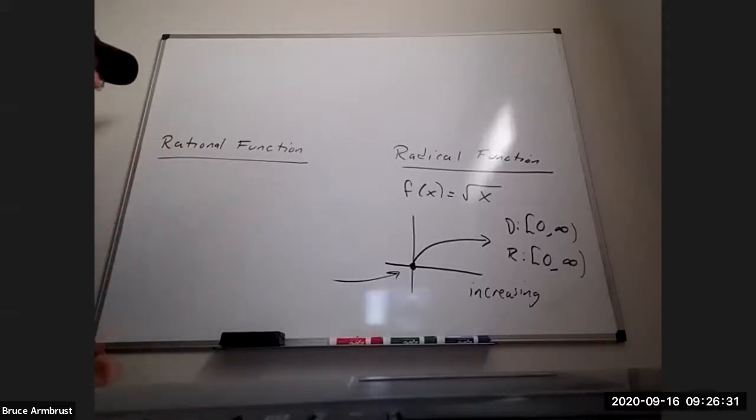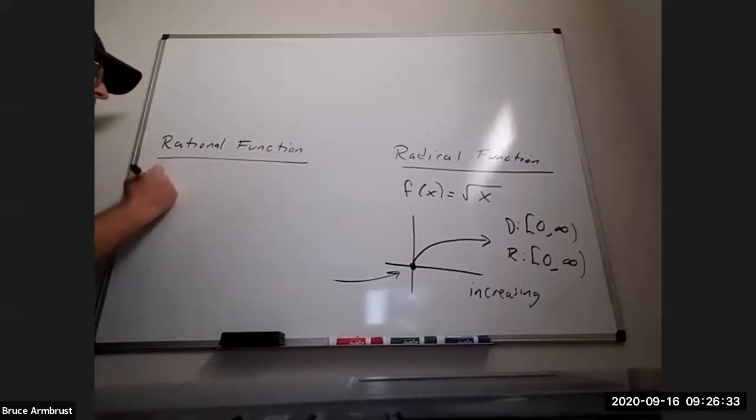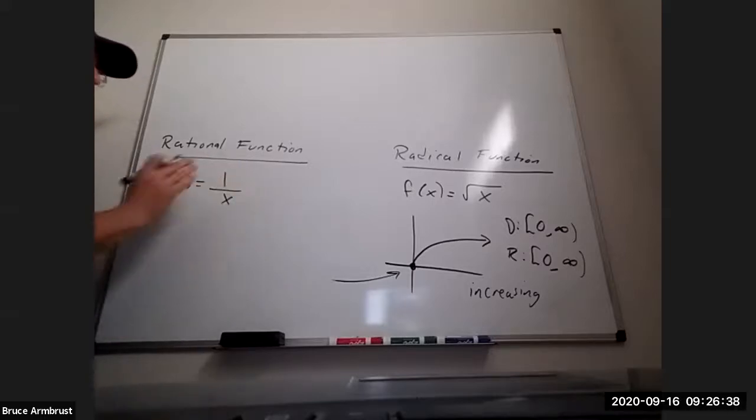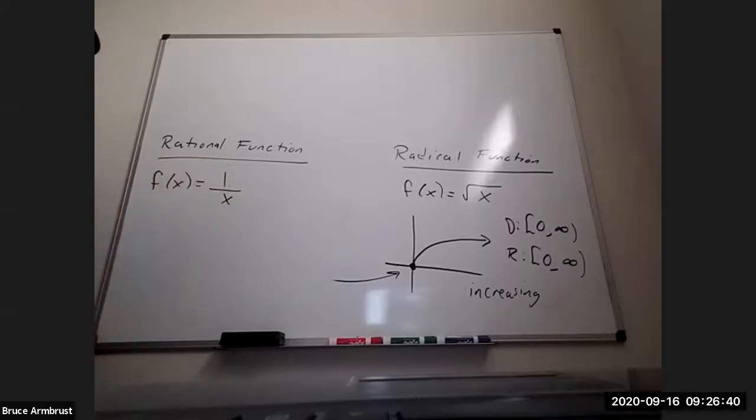So rational functions are ones that are made of fractions. And the only one that I expect that you know is 1 over x. There are all kinds of other rational functions, but they're all kind of related to this one in a way. But 1 over x is the most basic of these.